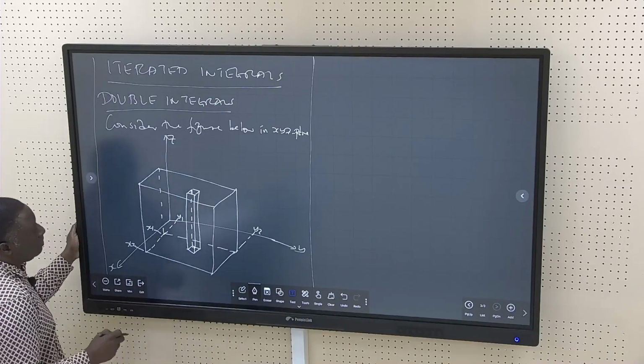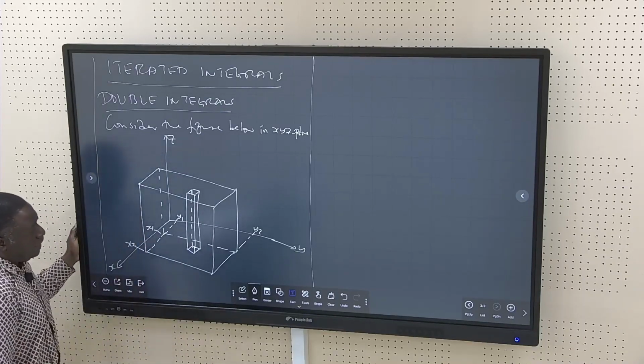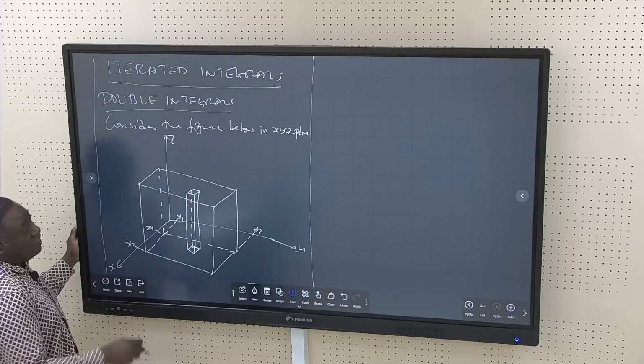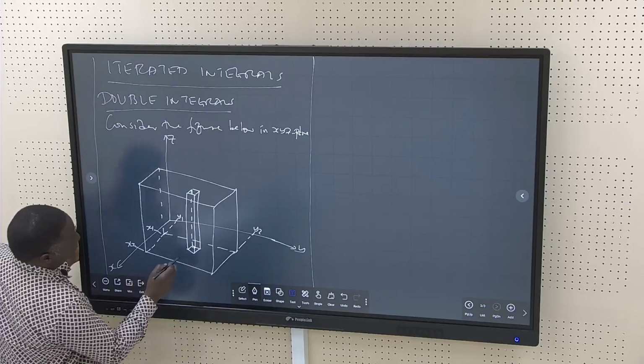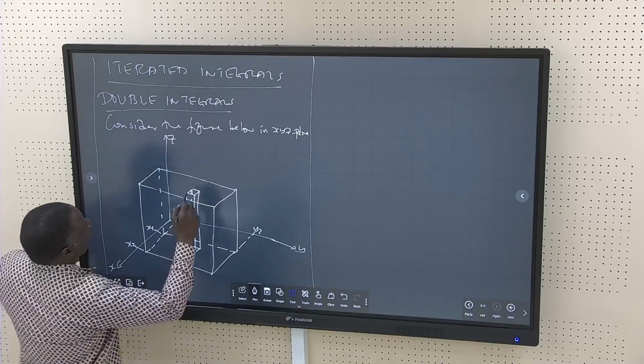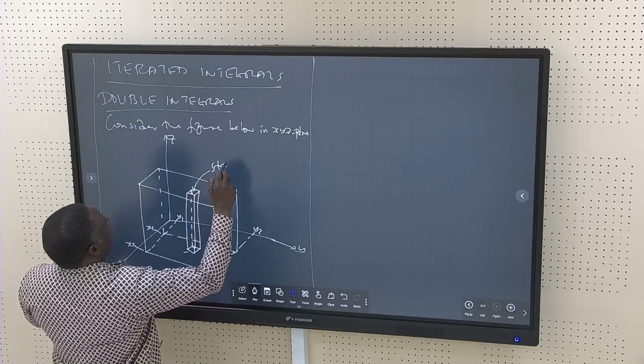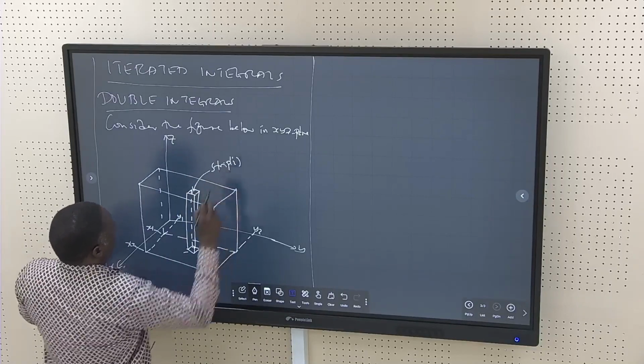Something like this one strip, and try to evaluate the volume of this one, then find the summation. So call this strip, as we did there, strip i.